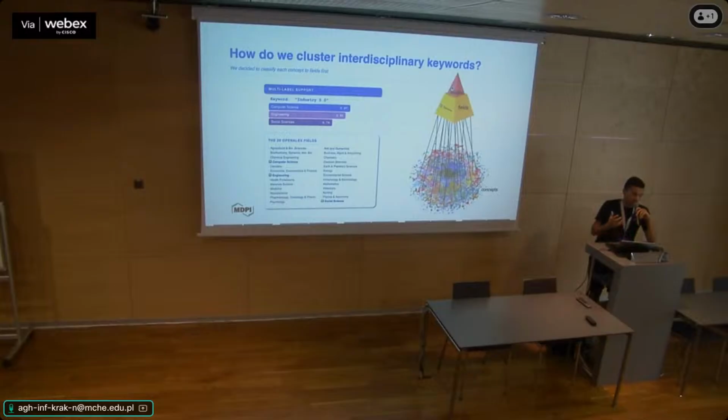Since we have 26 fields and 4,516 topics, the easiest way would of course be to classify on a topic level, but you can well imagine the input tokens would be too much, and the precision of the outputs would be very low, because we are asking an LLM to classify too many things. For example, Industry 5.0 can belong in computer science, engineering, and social science, so 3 out of 26 OpenAlex fields.